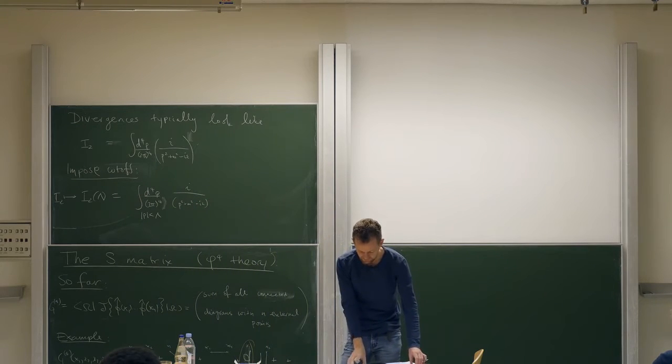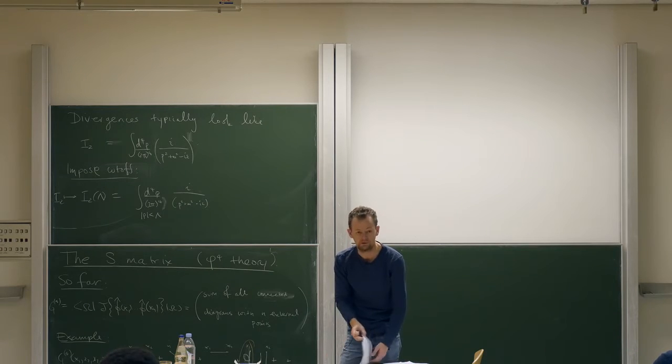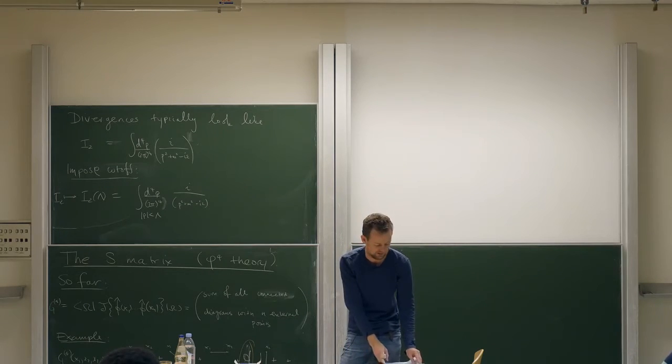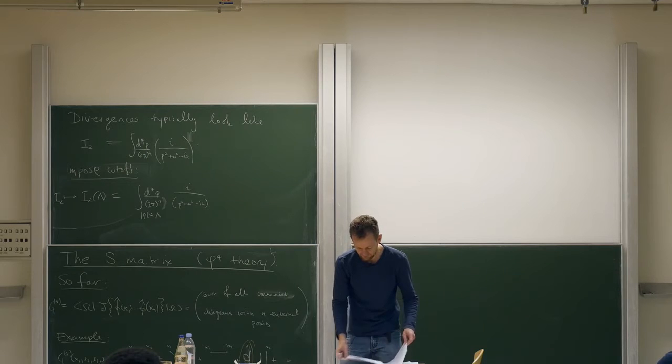That's the recipe for how to cope with these divergences for the moment. If your tolerance for these infinities is reached, and you're no longer happy to write down these diagrams because they evaluate directly to infinity, instead think of them as a recipe for evaluating integrals that depend on a parameter lambda.